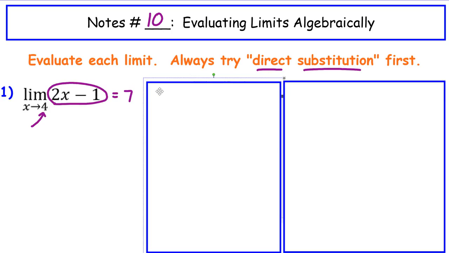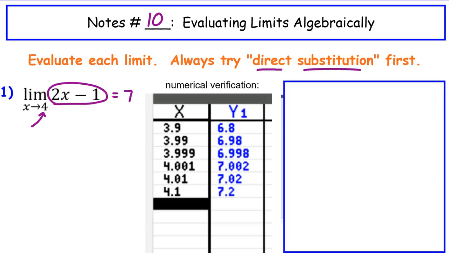Now, since we previously looked at numerical ways to evaluate limits, I thought I would show you that when I put the function y equals 2x minus 1 into my calculator and evaluated it for values of x getting closer and closer to 4 from the left and from the right, the y values are getting closer and closer to 7 from either end.